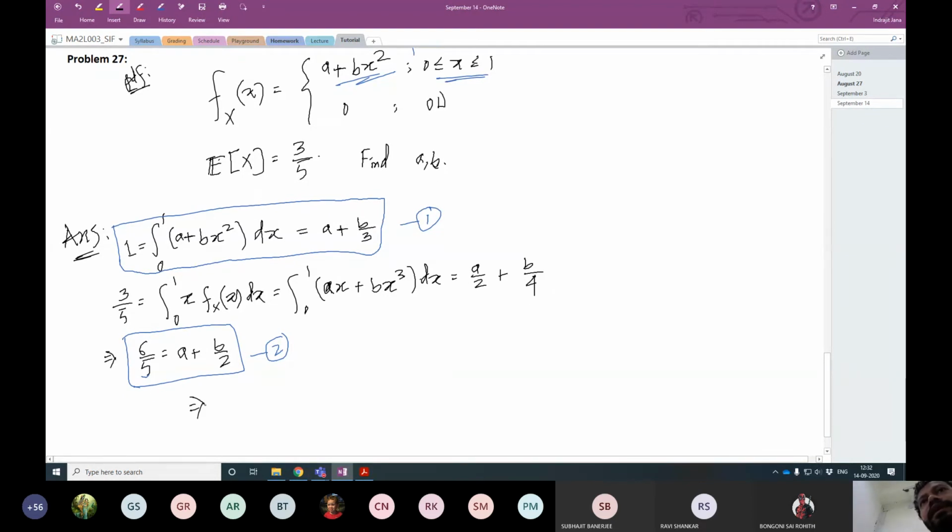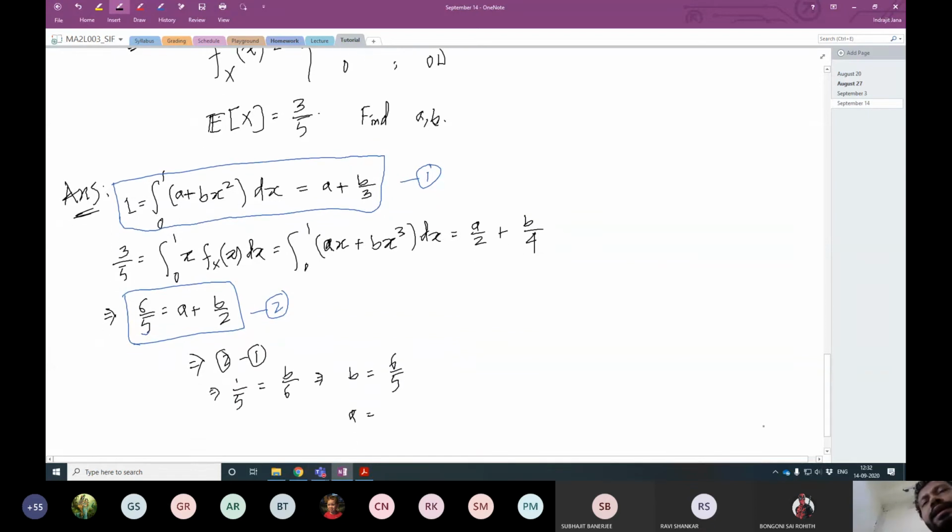So if you figure out the value of a and b, b is going to be 6 over 5.